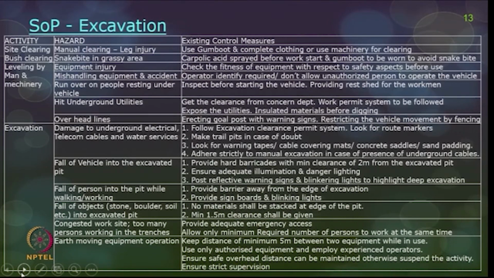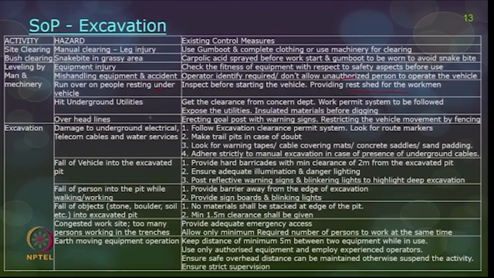Leveling by man and machinery, equipment injury: check the fitness of the equipment with respect to safety aspects before use. Mishandling equipment and accident, operator identity required: you should not allow unauthorized operators to operate the vehicle. Run over on people resting under vehicle: before you start the machine, see whether any people are down there, or else you can also provide a rest shed for the workmen.